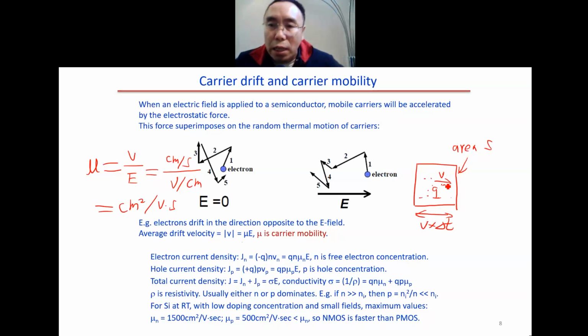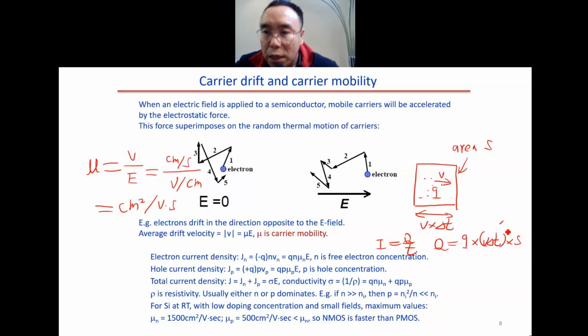We know that the current is given by Q divided by t. So we see how many charges will pass through this area S within a time of delta t. All the charge in the box is v times delta t times S times the carrier concentration, that is, the carrier concentration times the volume times q.